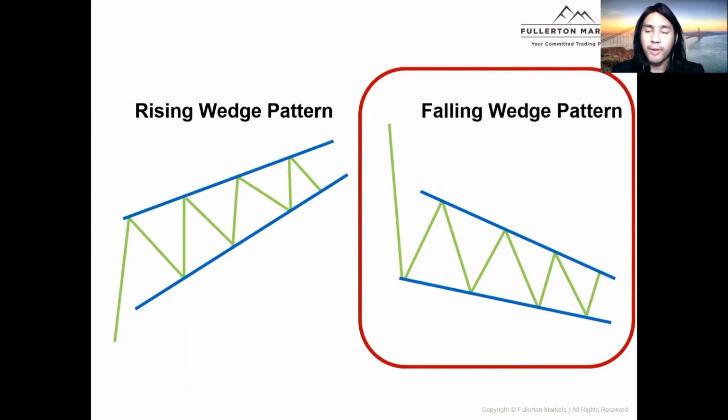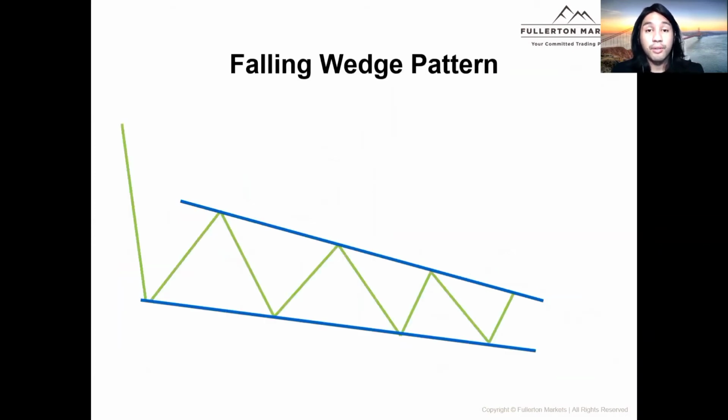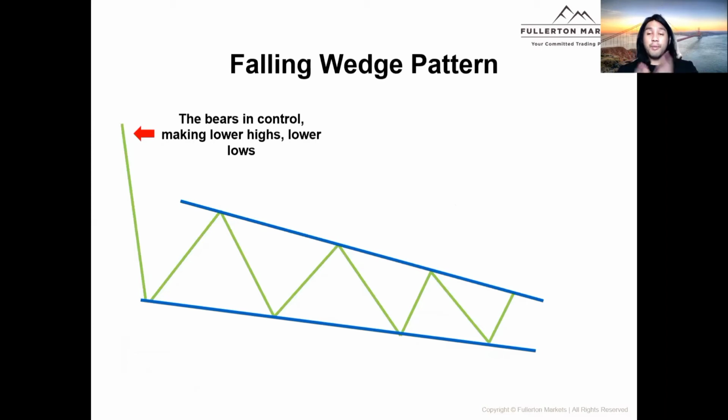It's quite similar to the rising wedge pattern, except for the falling wedge pattern, the bears are in control. Remember how I told you earlier that when a bull attacks, it will swoop down, its head will lower, and then it will attack upwards with its horns? Now, the bear is different because if a bear attacks you, or perhaps it's fighting with another bear, you'll notice that bears are always on their paws.